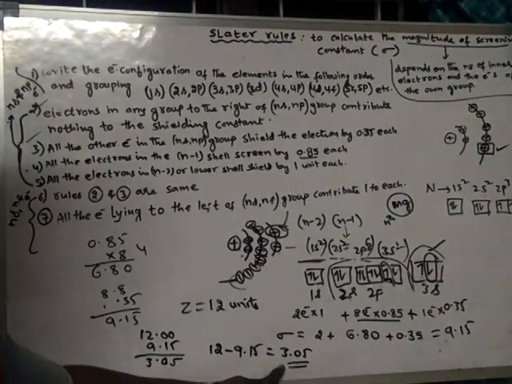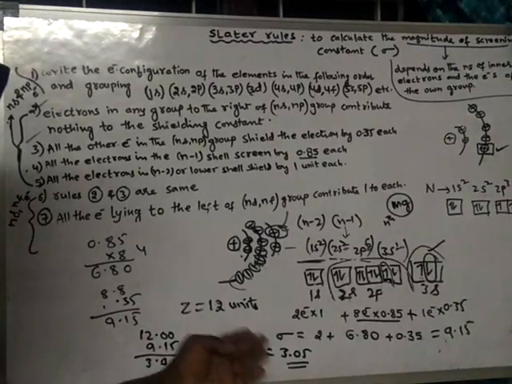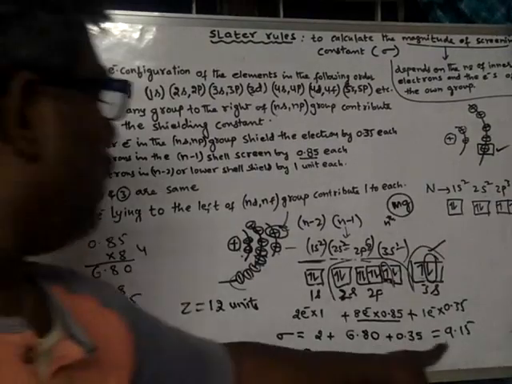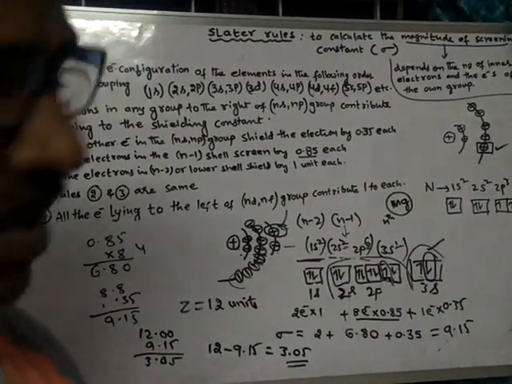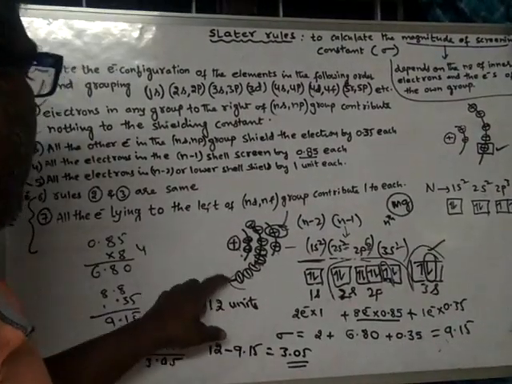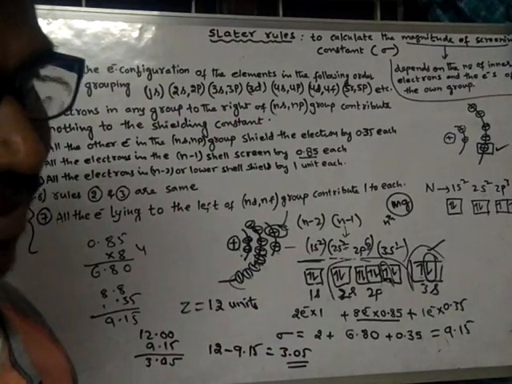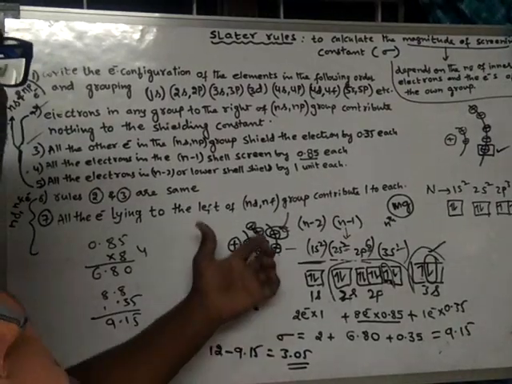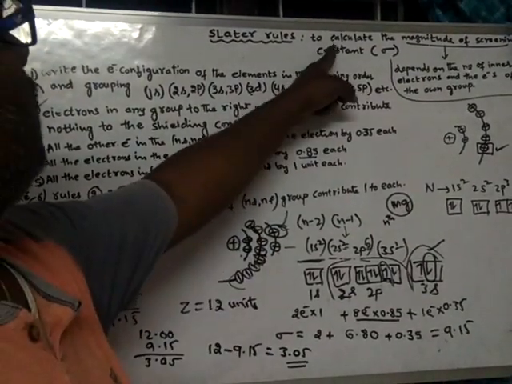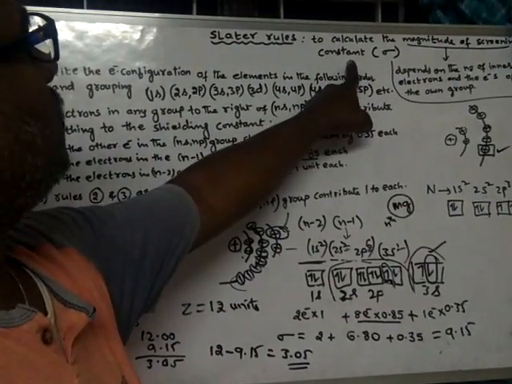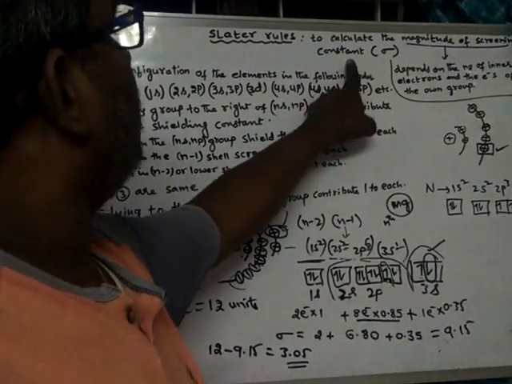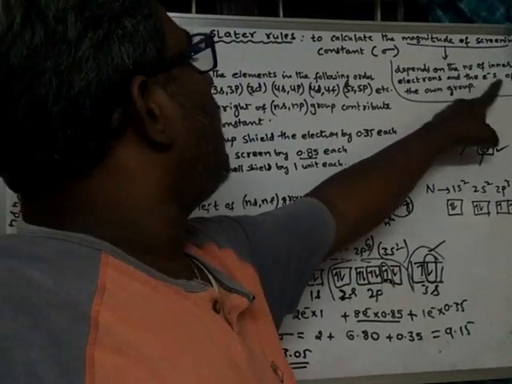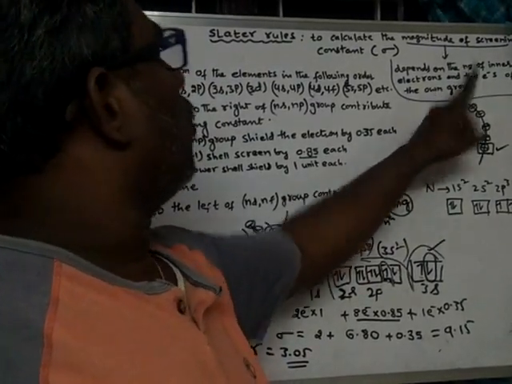Why only this much? Because this much amount of force of attraction is decreased by these inner electrons. The force of attraction reduced by the inner electrons is said to be the screening constant. The screening constant depends on the number of inner electrons and also the electrons of the own group.